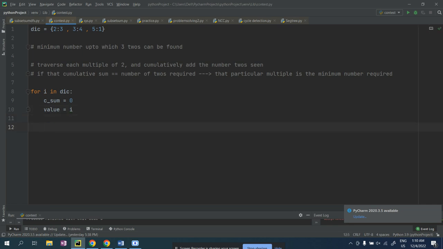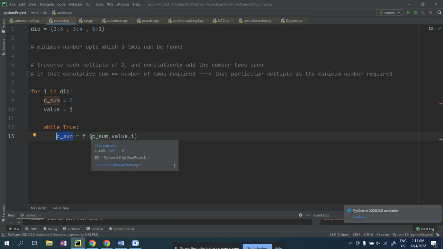Okay? Then let's run a while loop. Let's take a function, and in this function we will input value and i, right? So this function will return me the cumulative sum, right? And in this function the input arguments are the cumulative sum, the value and i, right?